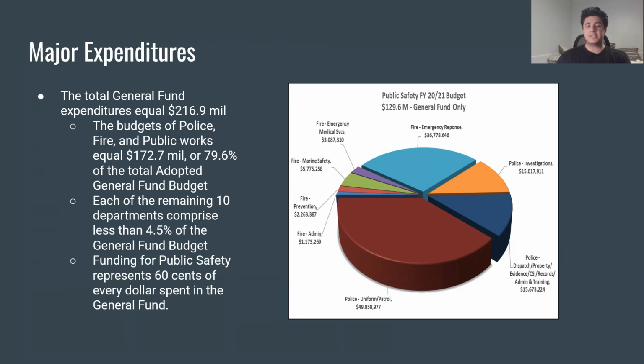Funding for public safety represents 60 cents of every dollar spent in the general fund. So that means that 60 cents of every dollar goes to public services, whether it's fire, police, or public works.